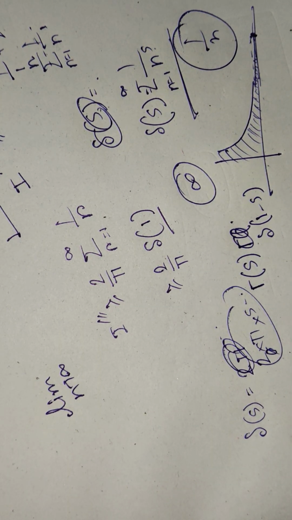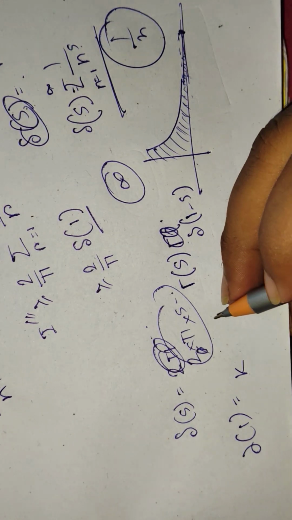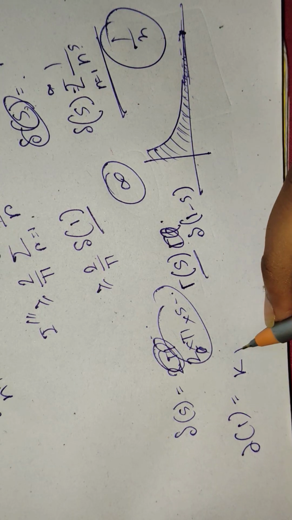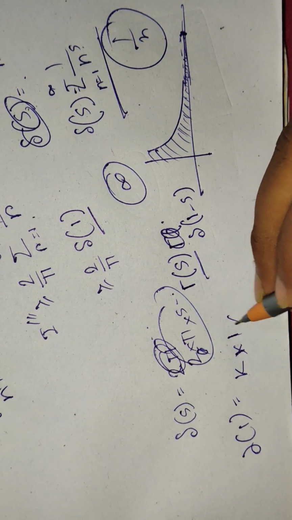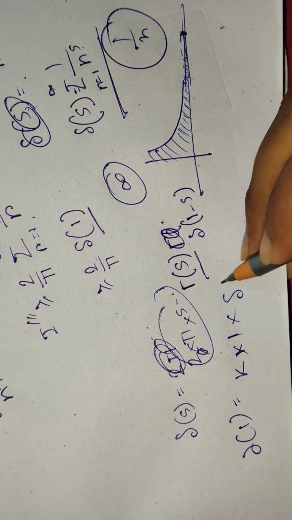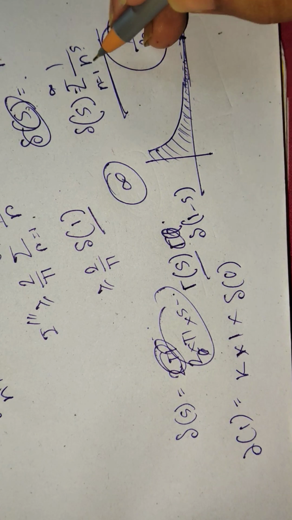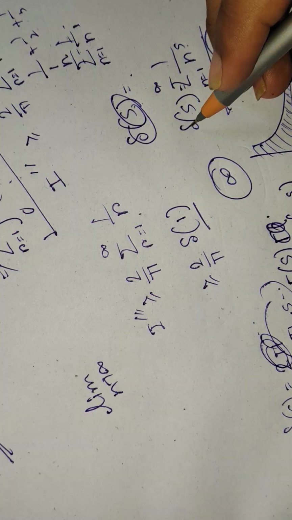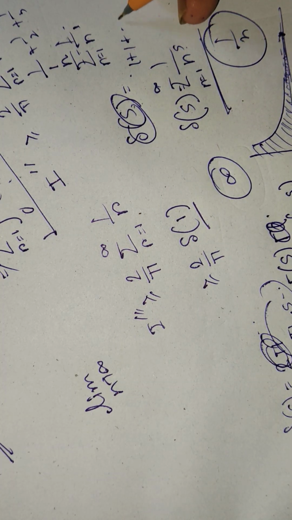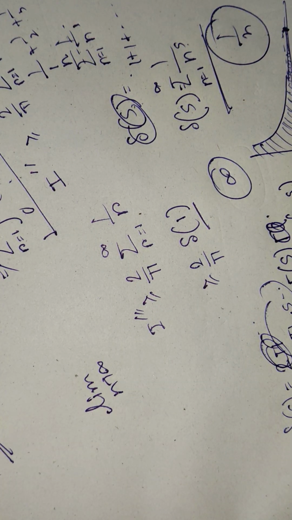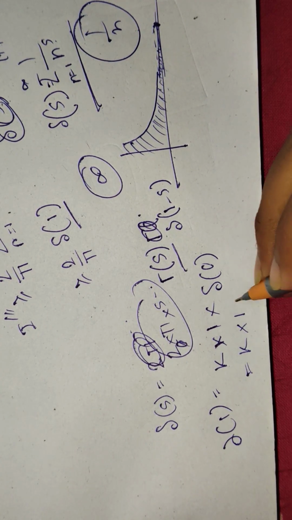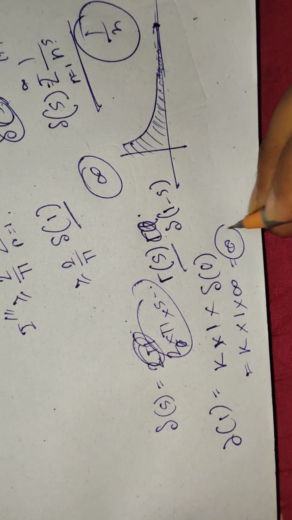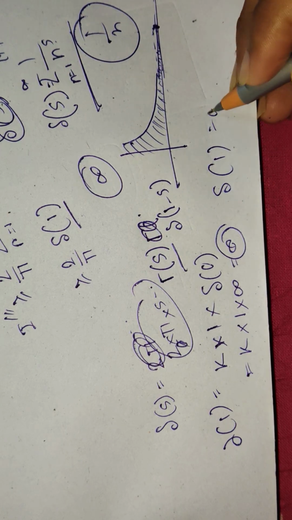This will be treated as a constant, let's say constant k. And gamma 1 means 0 factorial, which is again 1. So constant into 1. But this is zeta 0, and zeta 0 means 1 plus 1 plus 1 and so on, infinity times. So it equals constant into 1 into infinity, which is infinity. So zeta 1 is infinity.